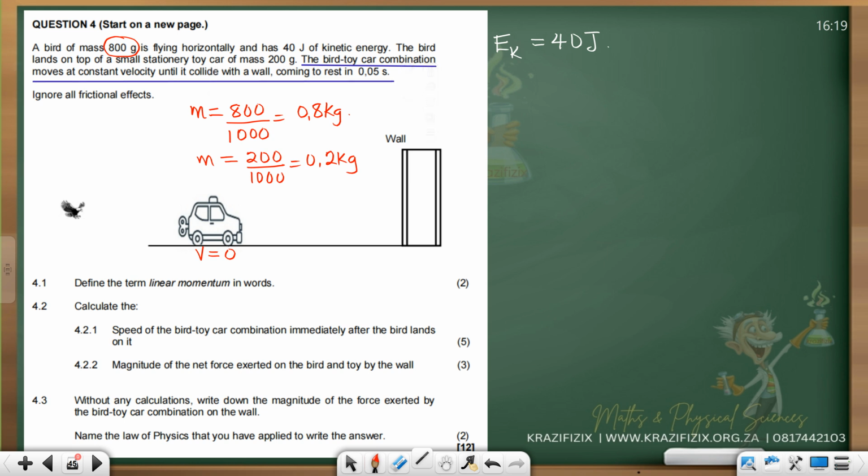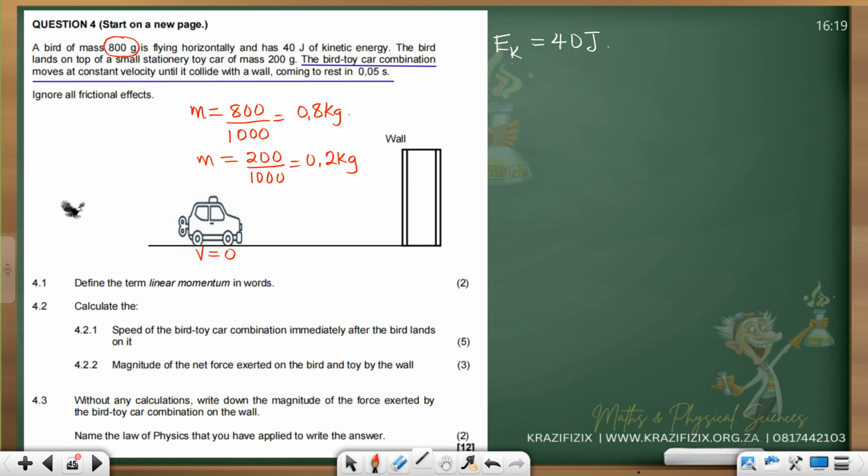With physics, you pause. Do I really understand what just happened? The bird is moving, lands on a toy car, and the bird forces the toy car to then move.